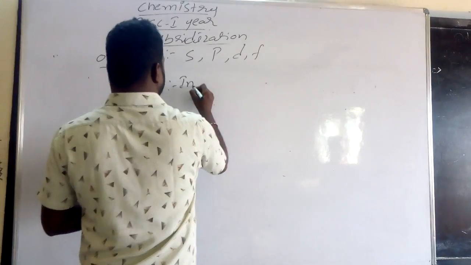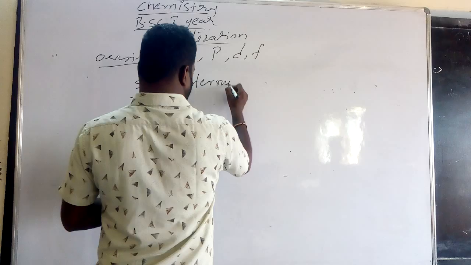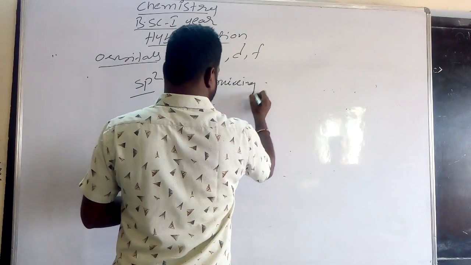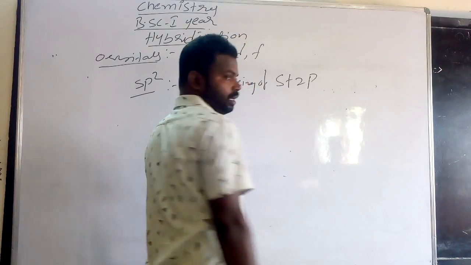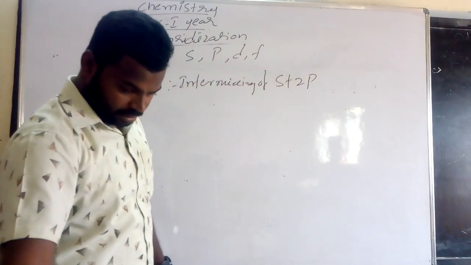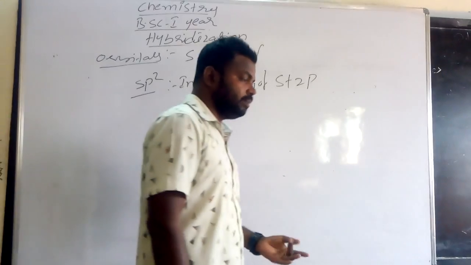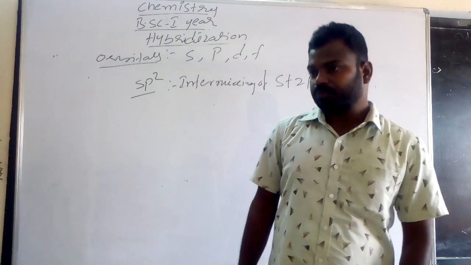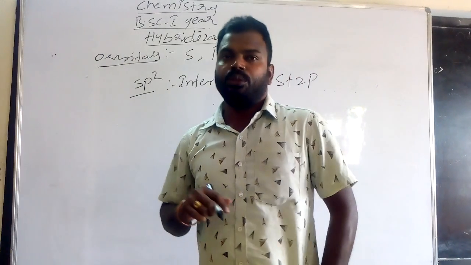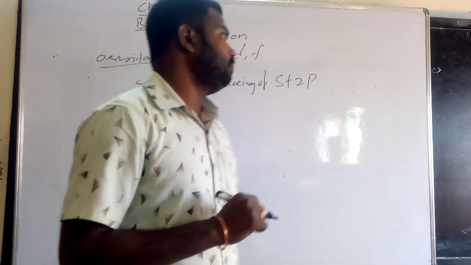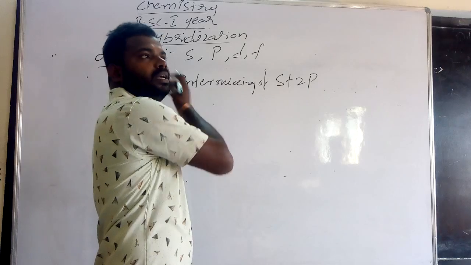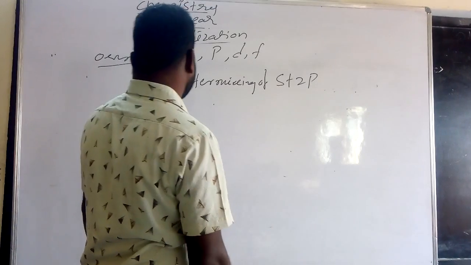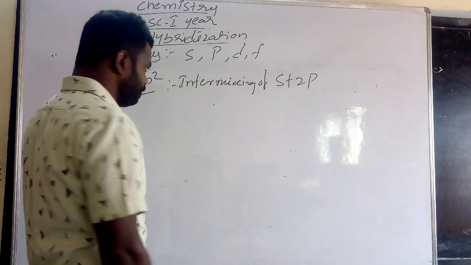Intermixing of one s orbital and two p orbitals, combined to give new equivalent hybrid orbitals. They are called sp2 hybrid orbitals. This process is known as sp2 hybridization.